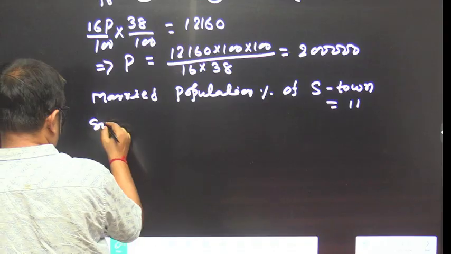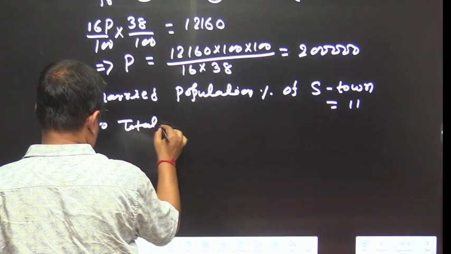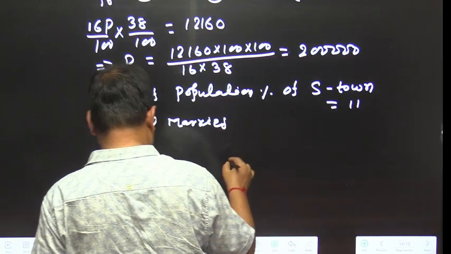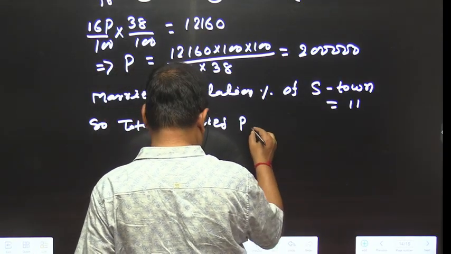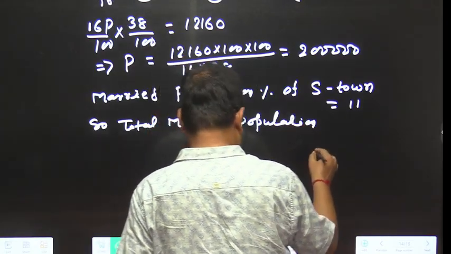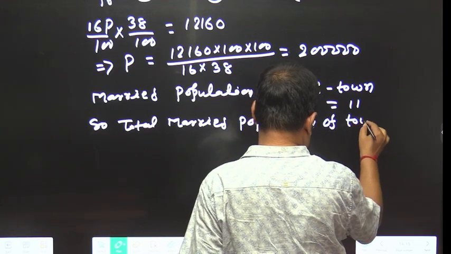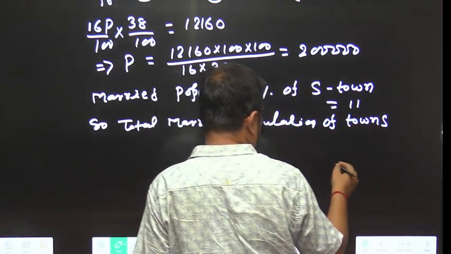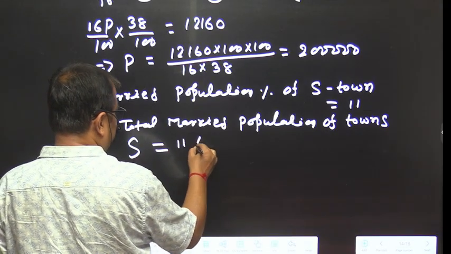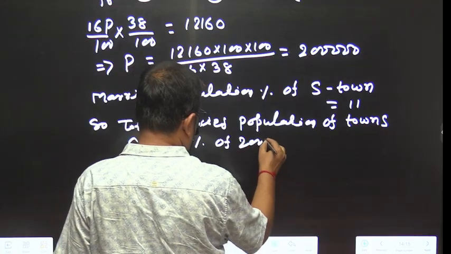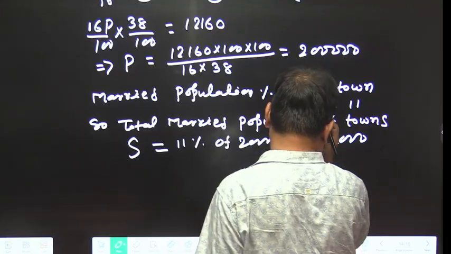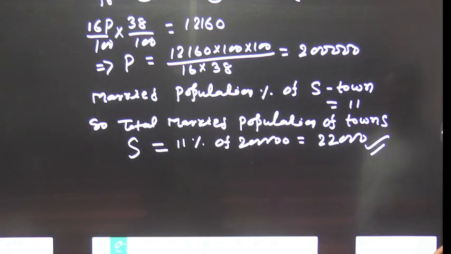So the total married population of town S equals 11% of 2 lakhs, which is 22,000. So this is our result.